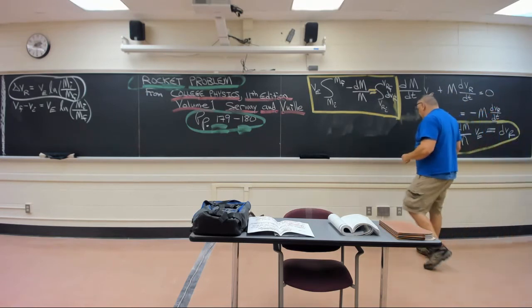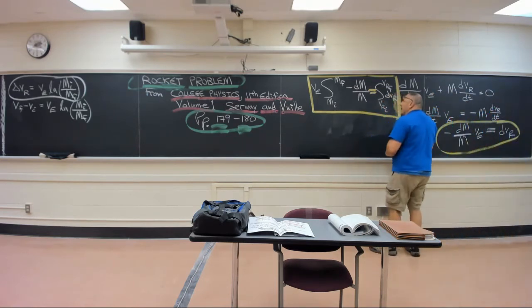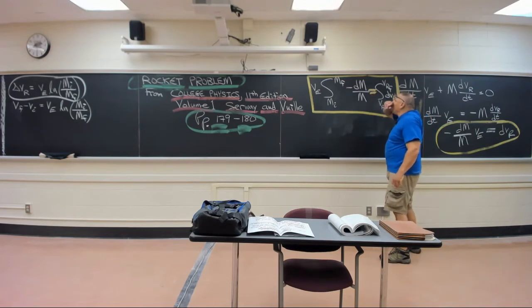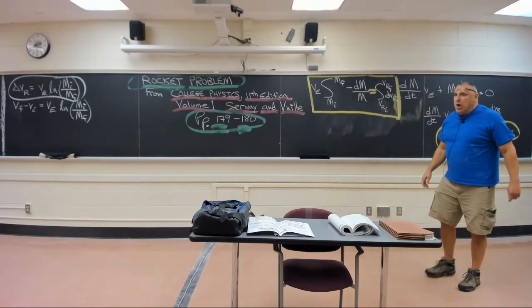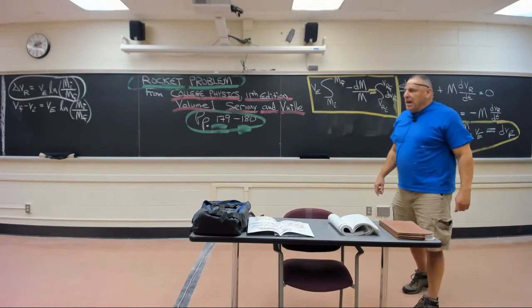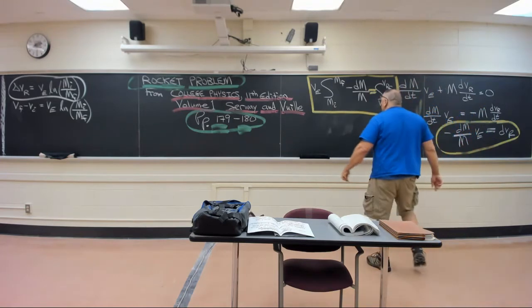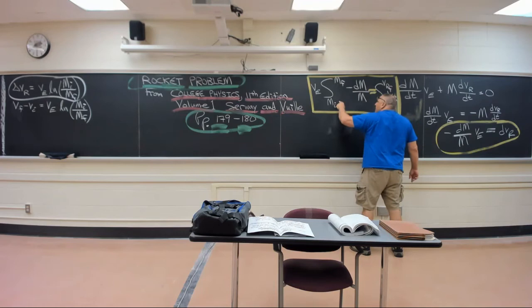Well, when you do this integral right here, ignore the negative for a second. Just say dm over m, that integrated, is the natural logarithm of capital M evaluated between the limits of mf and mi.